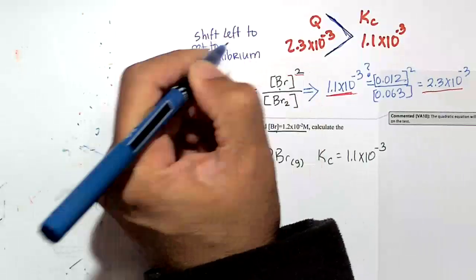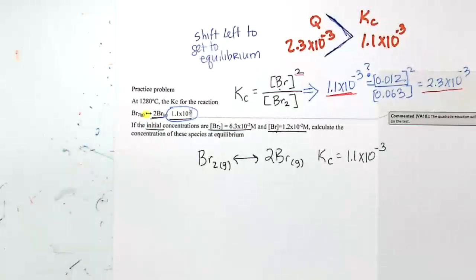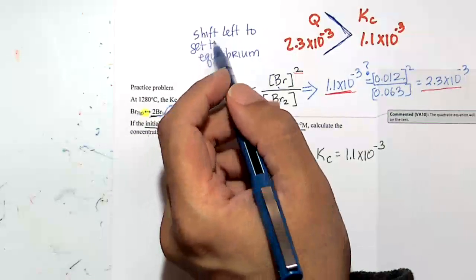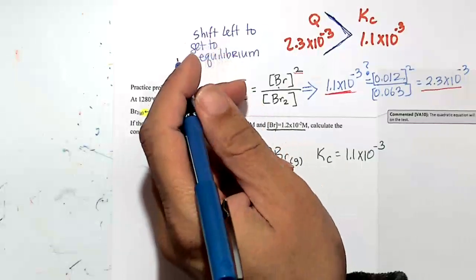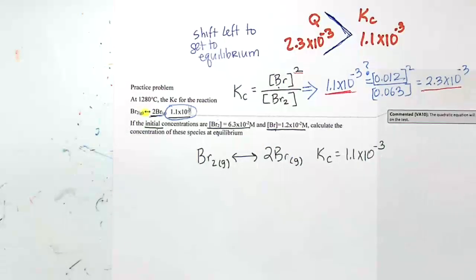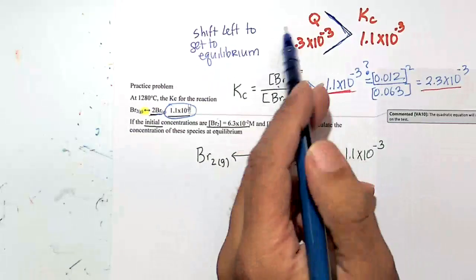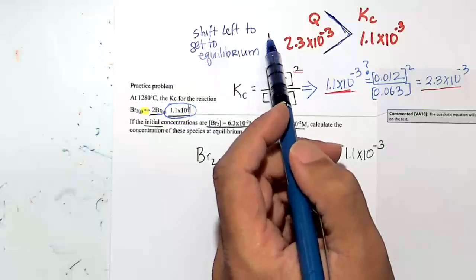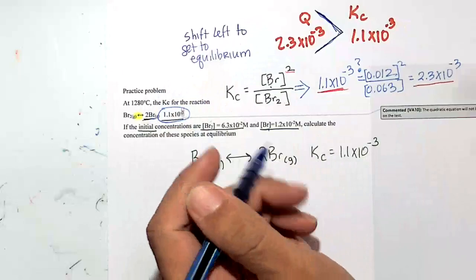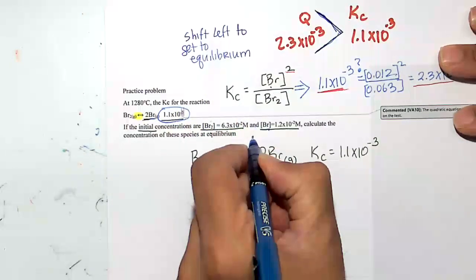Dan, do we need to write that down, like shift left, or can we just say it's going to shift to the reactant side? Yeah, write that down, that way I know which way the reaction is going to get to equilibrium. So please write it down when you have that reaction quotient problem on the test. So where will this shift?